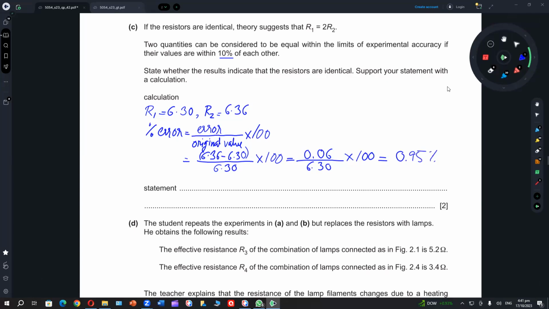Now if the answer is confirmed, 0.95, it is much less than 10%. 0.95% is less than 10%. He has given a threshold of 10%.